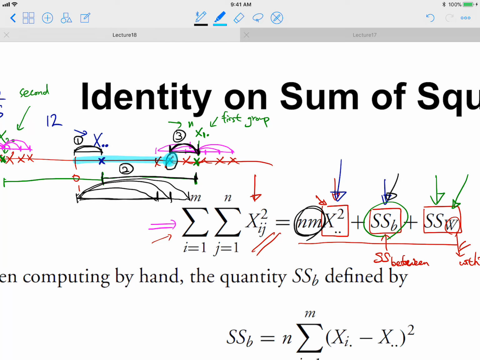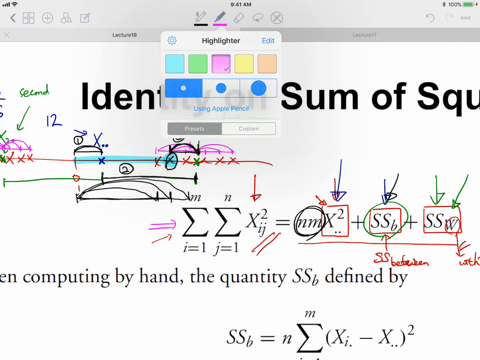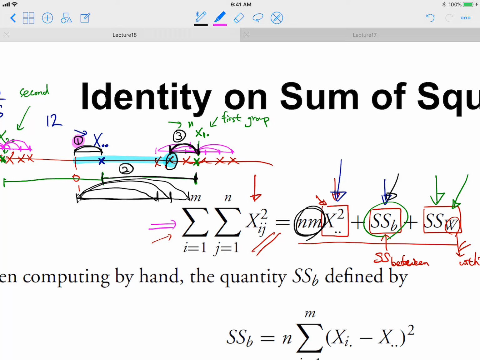for this sample, okay, for this observation, the squared of this observation can be decomposed into the squared value of this one, okay, and then the squared value of this one and this one.